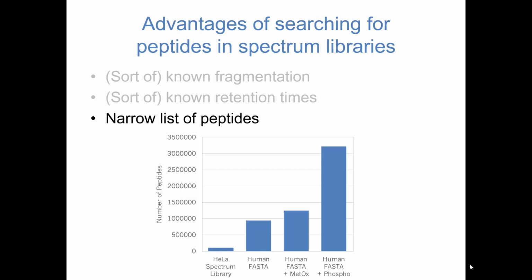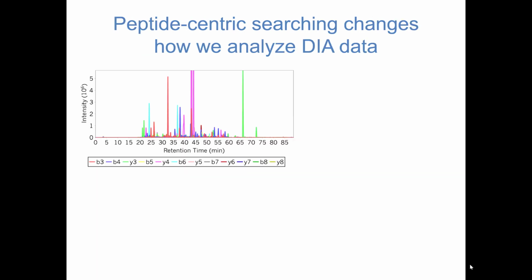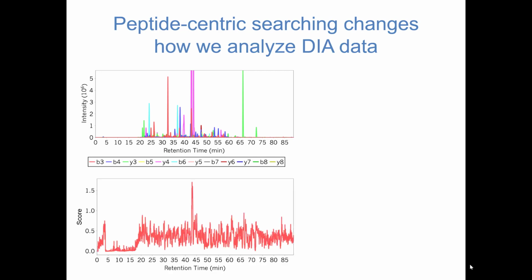Yeah, so I have that slide actually. Just to sort of think about this, really what we're trying to do is extract out all of the fragment ions that are associated with a particular peptide across the entire retention time range, or across a truncated retention time range, maybe 10 minutes or 20 minutes, and score it in time and assign some kind of score, whether it be a spectrum correlation between your acquired matches and your library matches, or a mass accuracy score, some kind of a combination of scores.